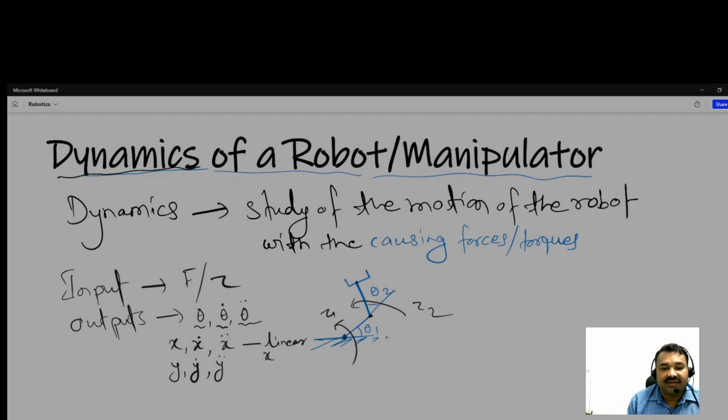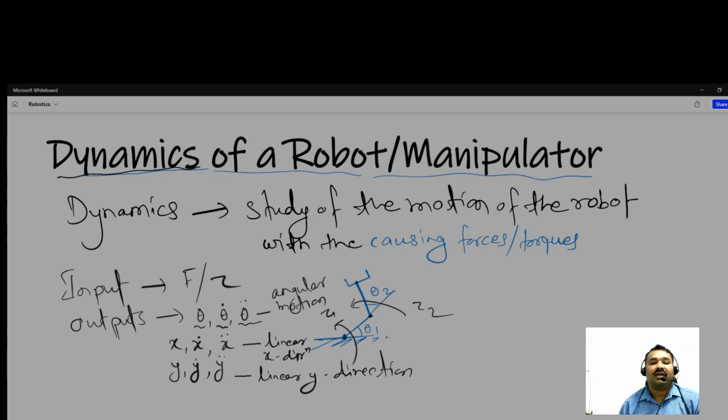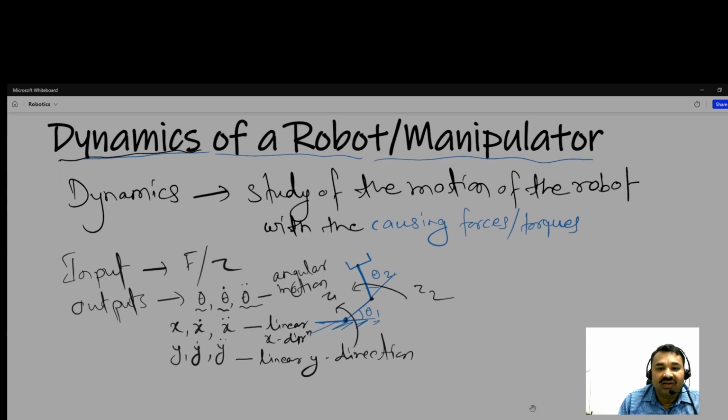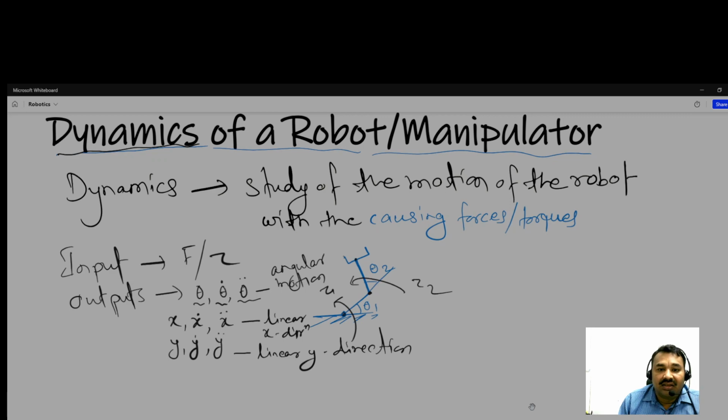It is in the case of linear x direction, linear y direction, and it is in case of angular motion. So in dynamics, we consider both the motions and the forces or torques.